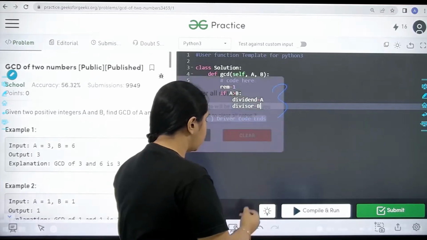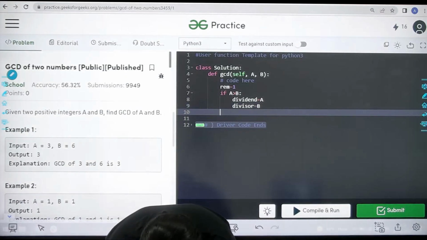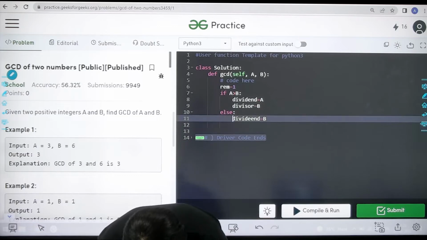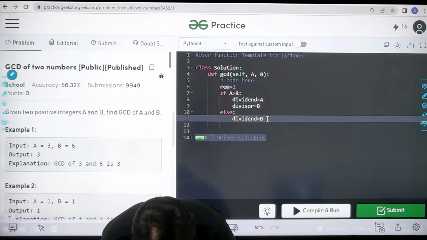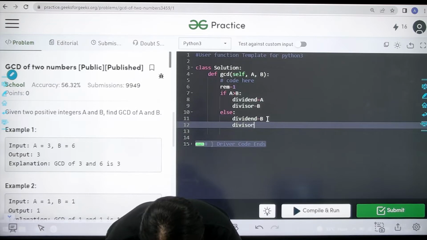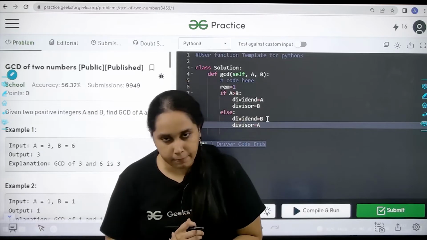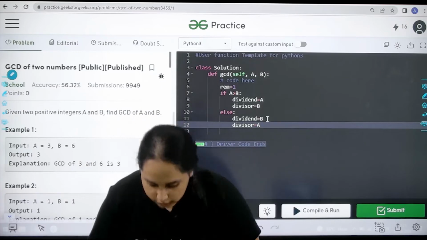So in else, dividend would be B and divisor would be A. This is exactly the opposite of what I did above. I hope this is clear to you. Now let's move forward to the next part.